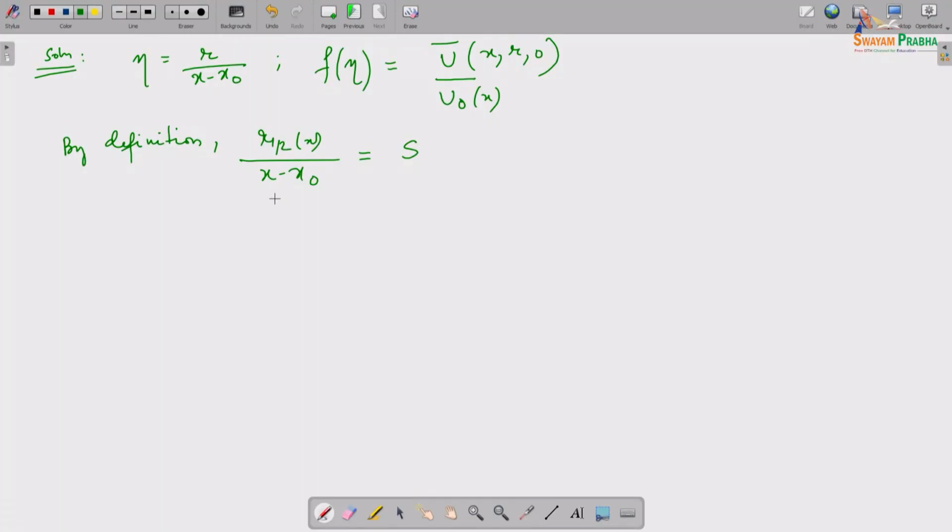Now if you look at the eta, r by x minus x 0, essentially in this case this s is nothing but the eta. In this case the spreading rate is equal to eta. So this is actually equal to eta in this case. Okay. All right.